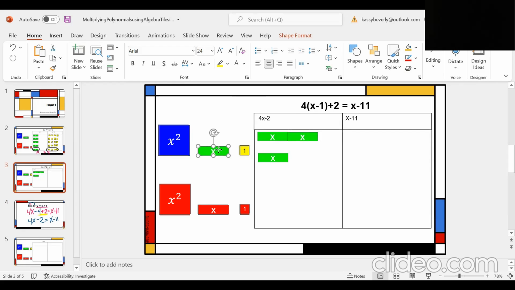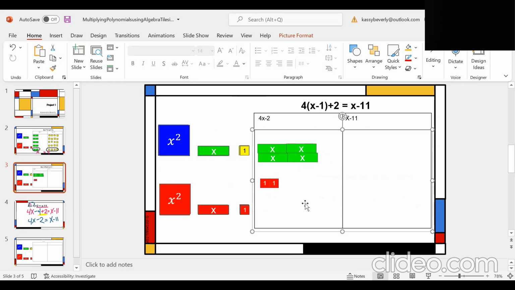I'm actually going to rearrange these really quickly, just so it's easier when we're doing things. Okay. Subtract 2. So that means we have negative units. So we're going to bring down a negative 1, negative 2. All right, so now we have 4x subtract 2.